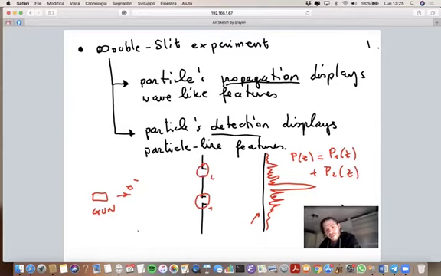So this idea that the particle goes through either one hole or the other hole, in a ballistic manner, and then depending on that impacts the final wall, is not supported by experiment. Somehow there is interference.